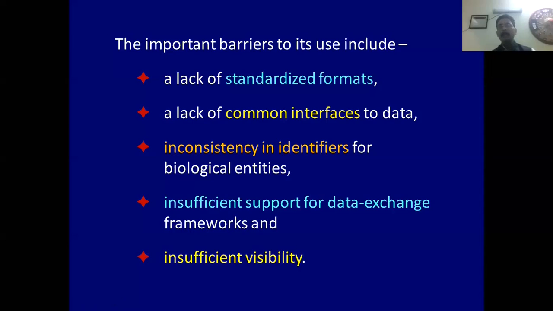So there are many good tools not available free of cost, and at times it becomes difficult for workers having fewer resources to get access to very costly platforms.